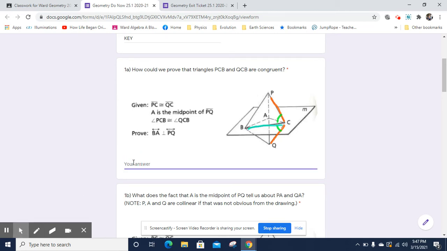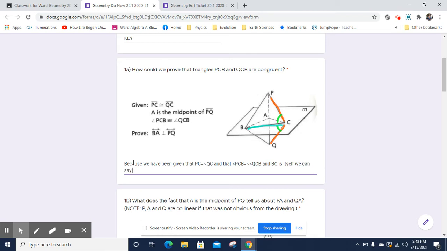So we can say, because we have been given that PC is congruent to QC and that angle PCB is congruent to angle QCB, and BC is itself, by the reflexive property, we can say triangle PCB is congruent to triangle QCB by side angle side postulate.